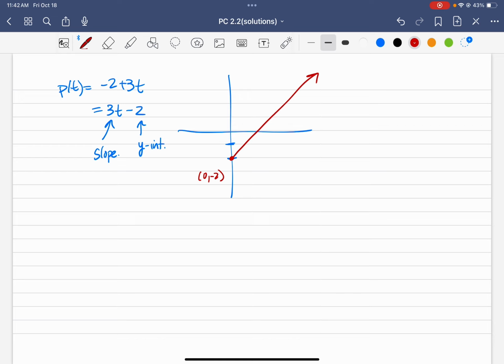But then, if my slope is 3 over 1, every time I walk up 1, I'm going to go up 3.